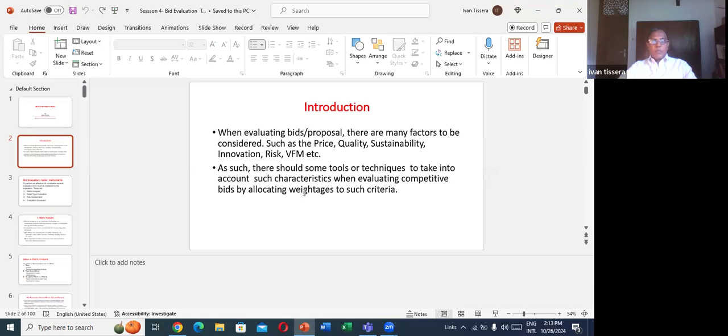When evaluating bids or proposals, there are many factors to be considered, such as price, quality, sustainability, innovation, risk, experience, staff capacity, many things, VFM.